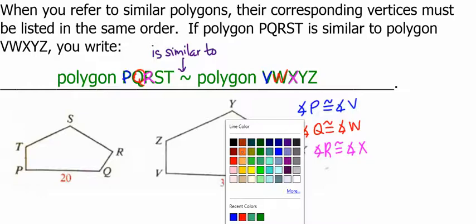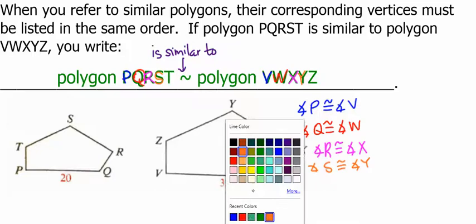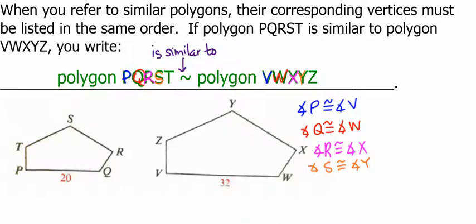We're running out of colors here. We have S corresponds to Y. So angle S is congruent to angle Y. And then we have T corresponding to Z. Angle T is congruent to angle Z. So there's all of our congruent angles.